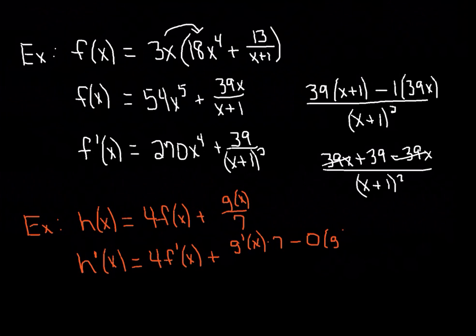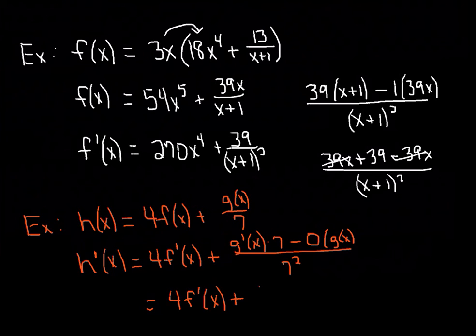So that's just going to be 0 all over the denominator squared. So this would give you 4 derivative of f of x plus 7 derivative of g of x all over 49.